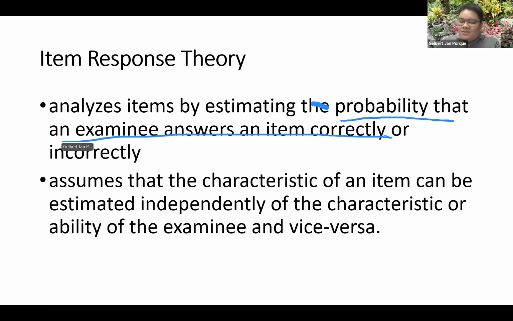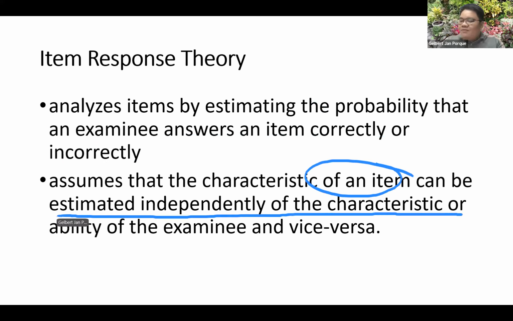Okay, that's the main focus of your item response theory. It also assumes, dear students, that the characteristic of an item can be estimated independently of the characteristics or ability of the examinee and vice versa.